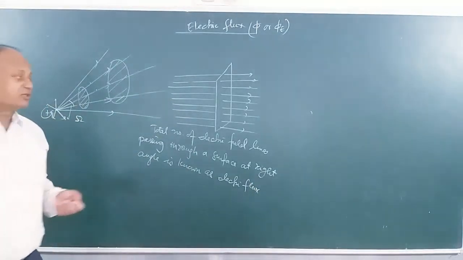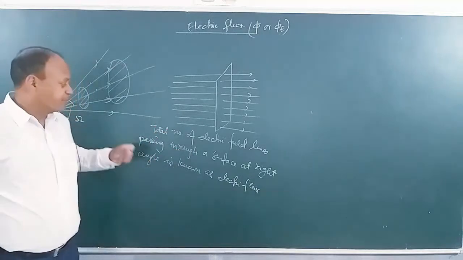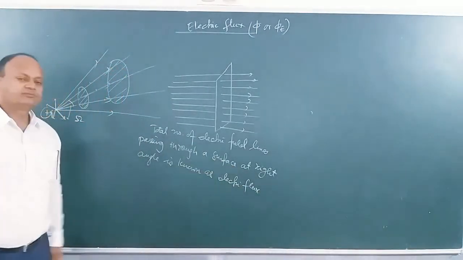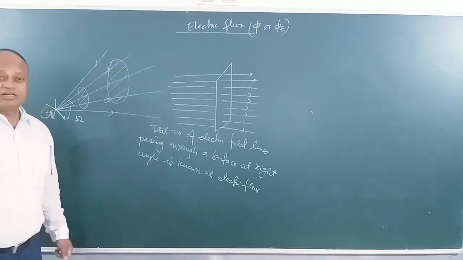The total number of lines passing through the surface is called electric flux, provided it is at what angle? Right angle. Now the question is how to calculate the electric flux.